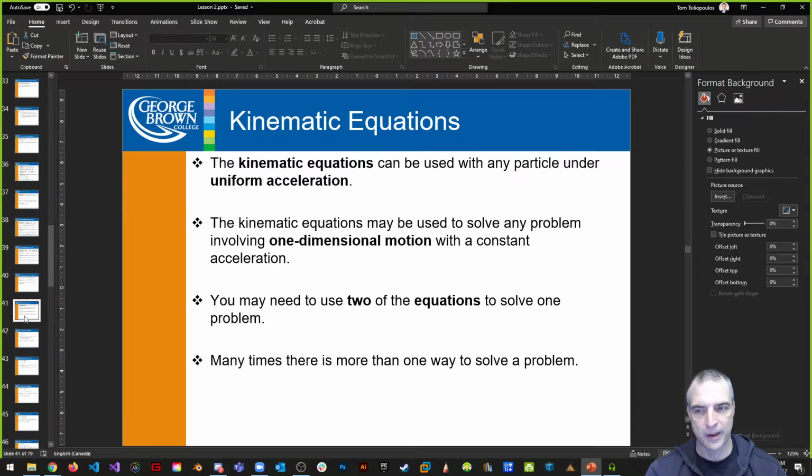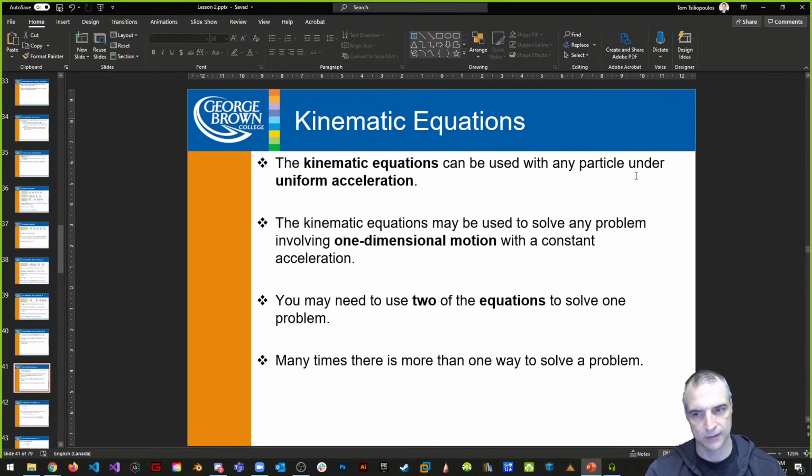Let's think about kinematic equations now. We talked about kinematics, motion, and now we're going to be using some equations to describe the motion. You're going to see that the equations I'm going to present today for motion in one direction can be extended to 3 dimensions. First, we're going to talk about 2 dimensions next week. But today, let's start off with these simple fundamental equations that we can extend.